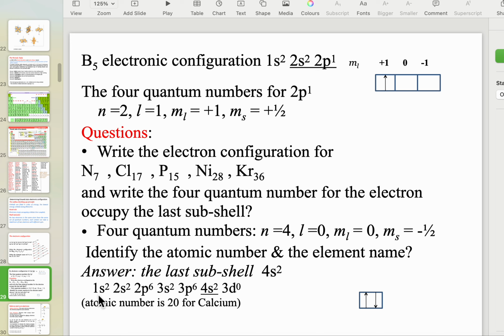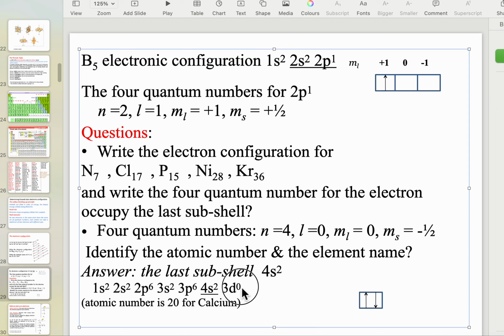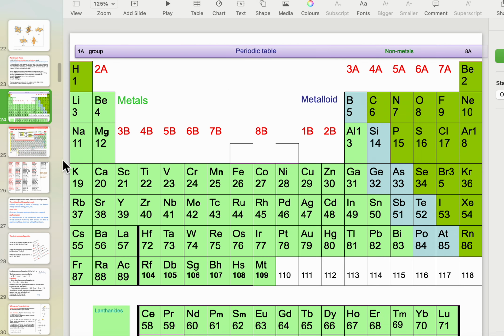I can get rid of the 3d, because we said 4s comes before 3d. The last orbital is 4s2. Now the total is 2 and 2 and 6 is 10, 2 and 6 and 2 is 10, so they are 20. We come back to the periodic table, which should be given, and we look for 20. It is calcium.